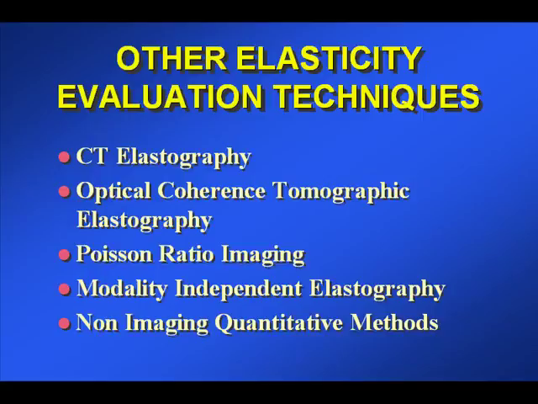There are some variants of elasticity, including Poisson's ratio imaging, which is basically a measure of the compression or axial strain versus the lateral strain, which we'll be talking about a little later. Non-imaging quantitative methods are also something we'll be talking about. We generally create images and try to estimate elasticity from the images, but there are some non-imaging devices.